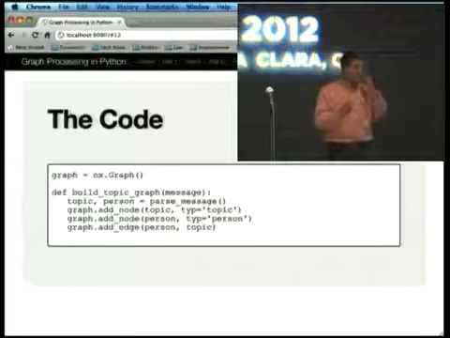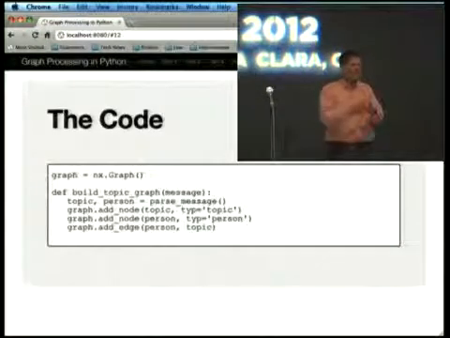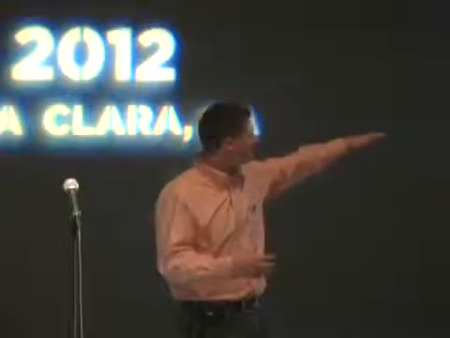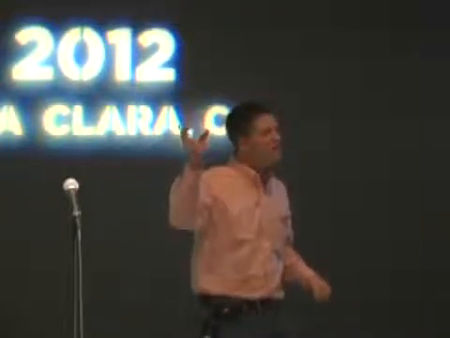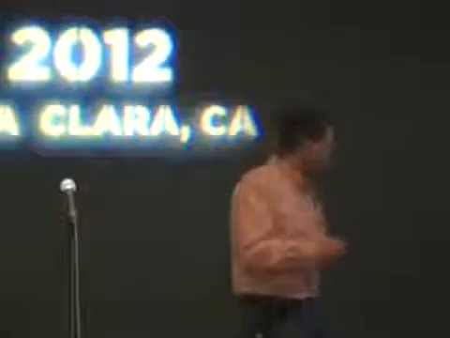I condensed them down, did a little bit of massaging on the topics, and filtered out stop words. Ultimately, I parsed the message, and I got the person who made this message and the topics that were generally treated in it. Especially the overall subject of the message, I treated as especially significant.